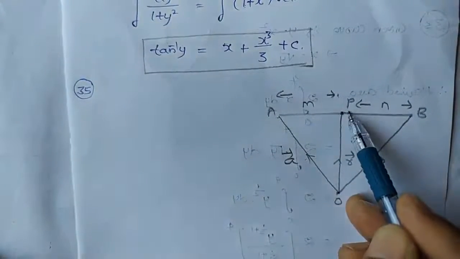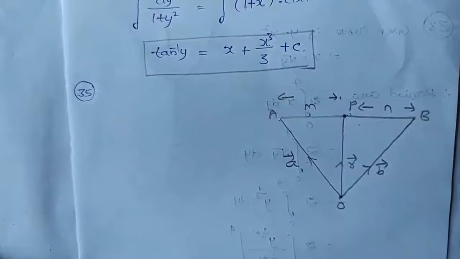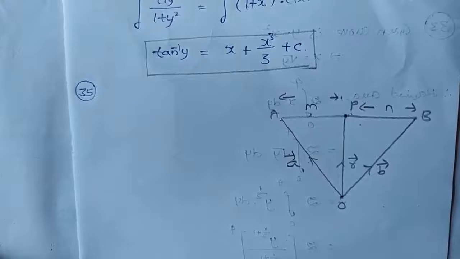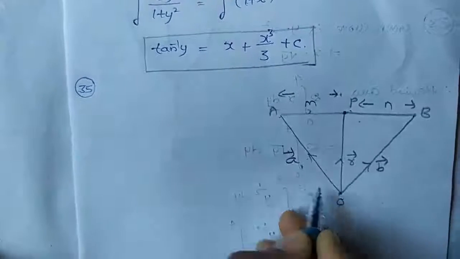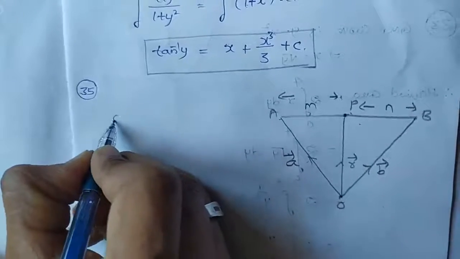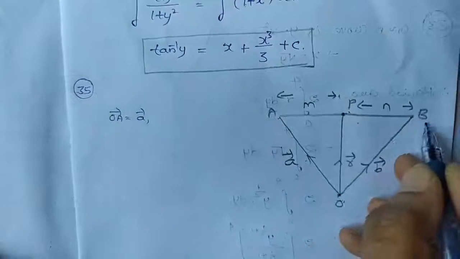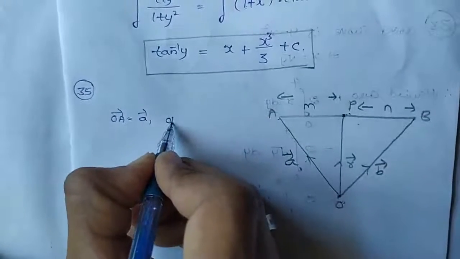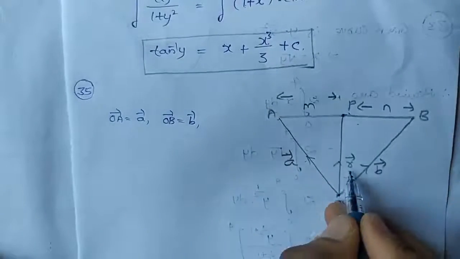Also, the position vector of the point P with respect to the origin is R vector. These statements you have to write: OA vector is A vector, OB vector is B vector, OP vector is R vector.